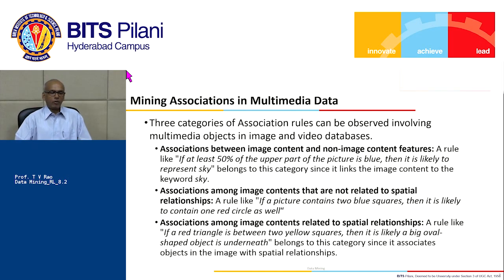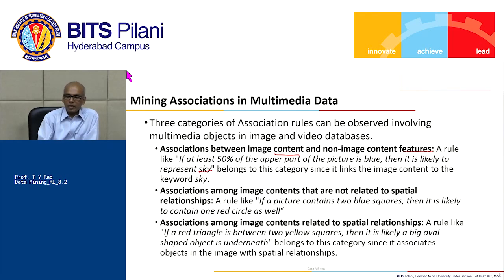When we are looking for association analysis within multimedia data, it can come in several forms. One is related to image content and non-image content. For example, let's say in an image, we are dealing with features which do not belong to the content. Let's look at an example. If 50% of the upper part of the picture is blue, then it represents sky.